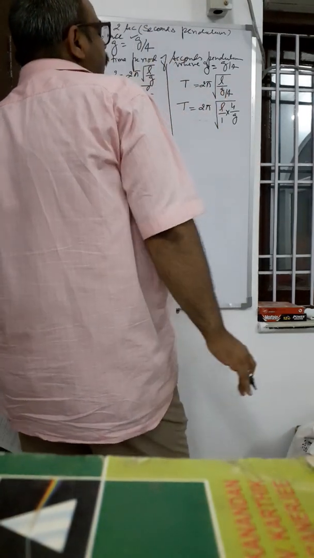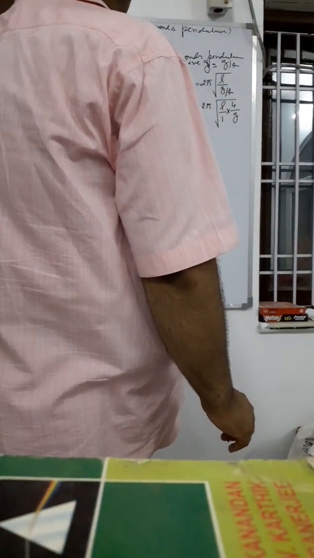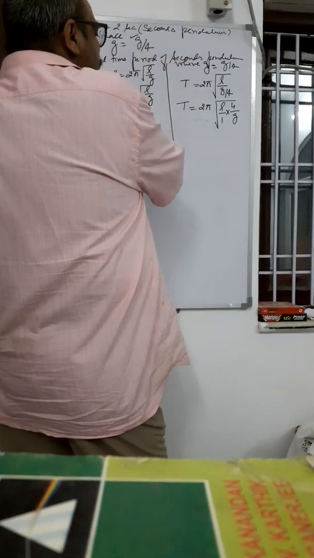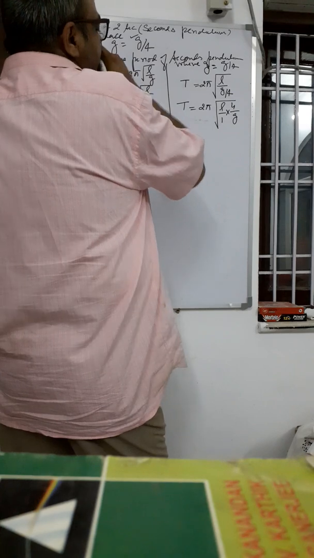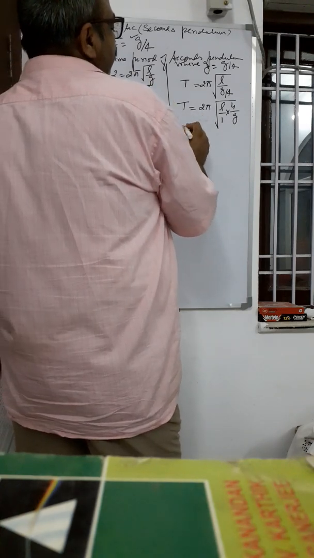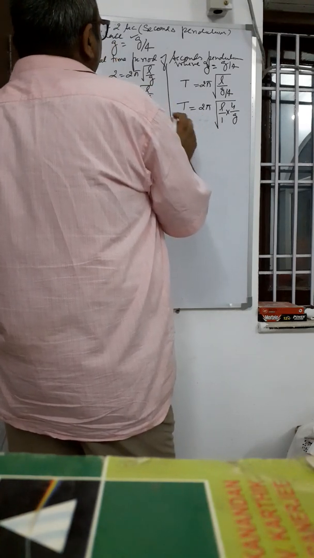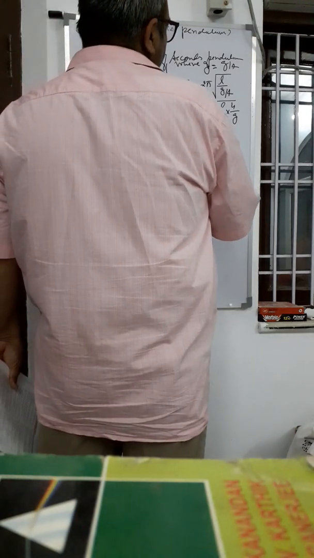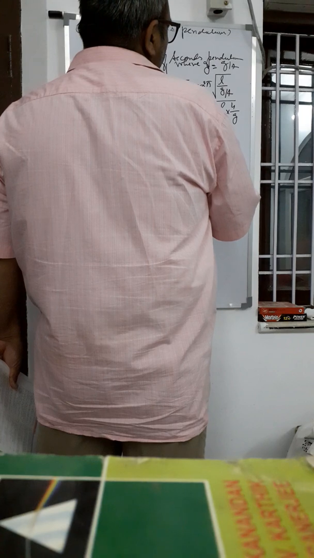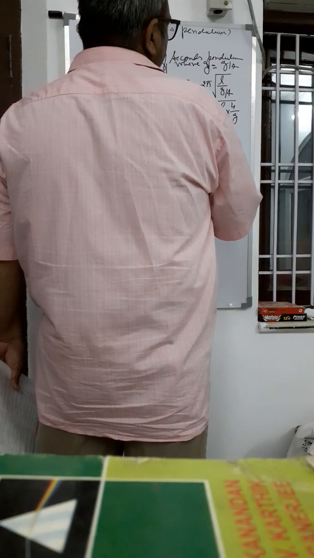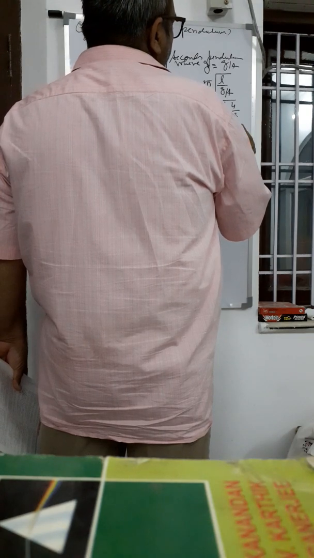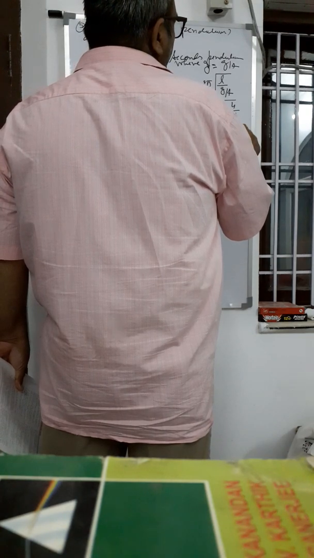This 4 will come up. Here, if I write T by 2, or squaring both sides, it will become 4 pi square into 4L over g.